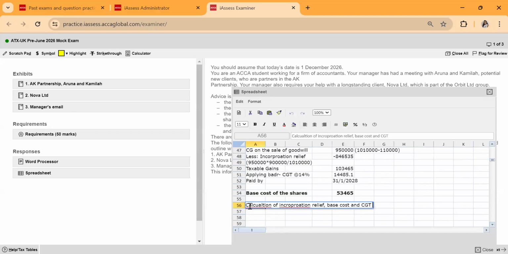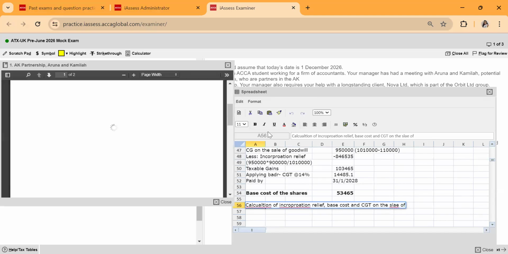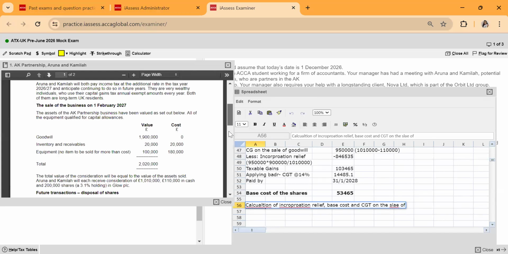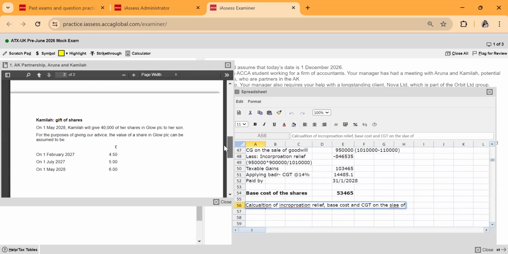All the three, as regards the gift. Yes, we did that. On the gift of 40,000 shares by Camilla to her son. Okay, let's do the calculations.